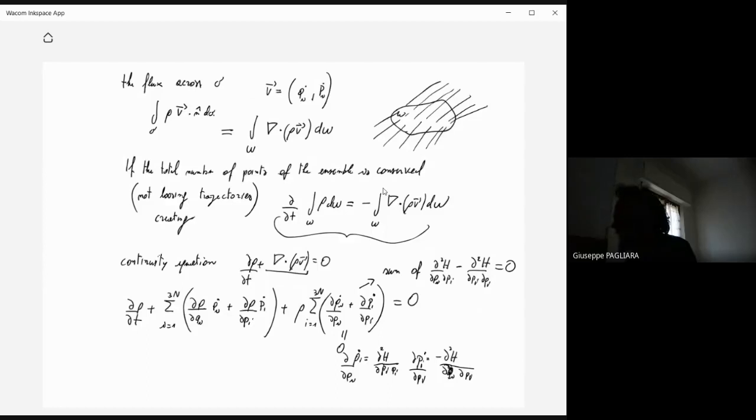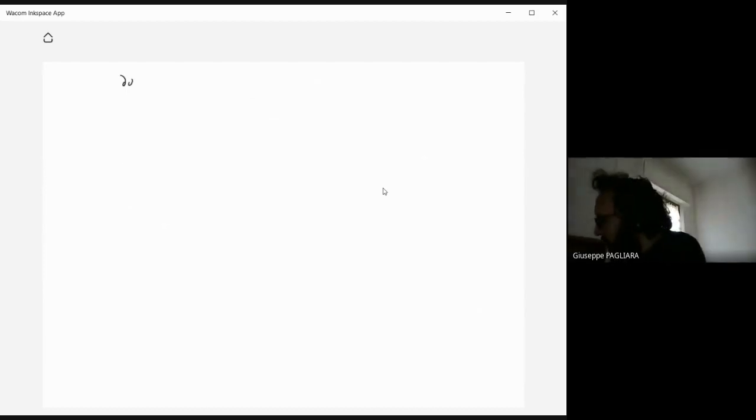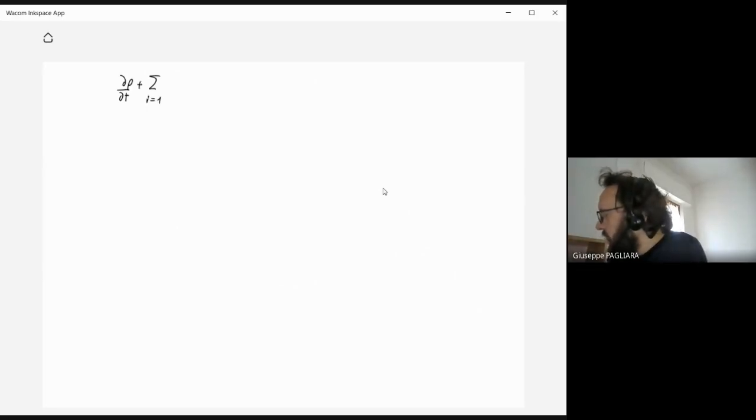And similarly, the derivative of rho with respect to time plus, now I can use again the Hamilton equation to write the derivative of rho with respect to qi times qi dot, which is the derivative of h with respect to pi.